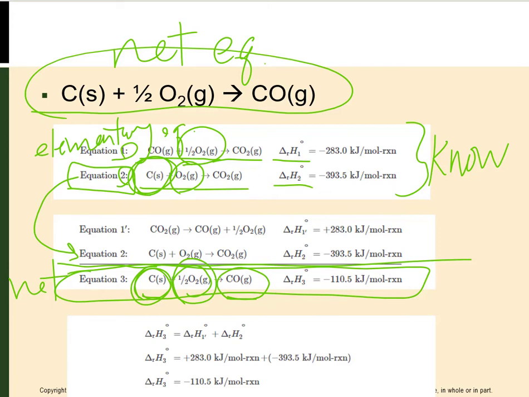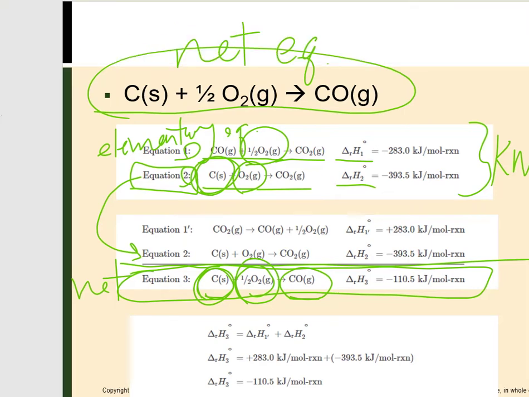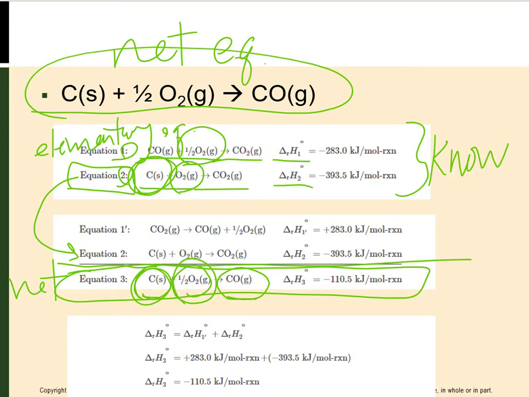Well, if I go back up here and look at my changing colors, notice that carbon monoxide is in equation number 1, but it's on the left. I want it on the right. So we can manipulate equation number 1 and we can flip it.